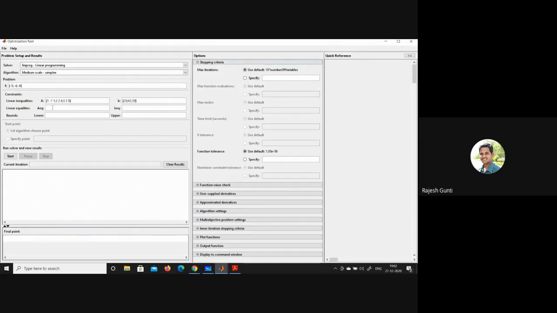So there are no equalities, we have to give empty braces here. Empty braces, then the lower bounds, zeros of 3, 1. 3 rows, 1 column.